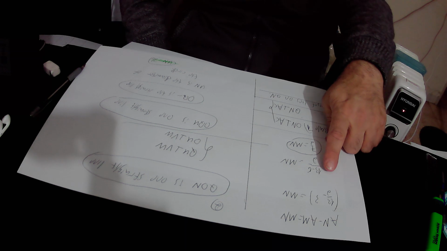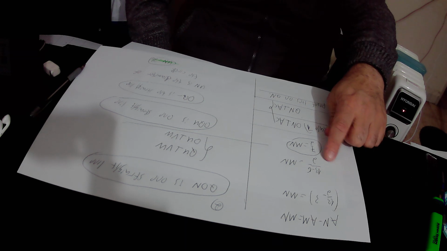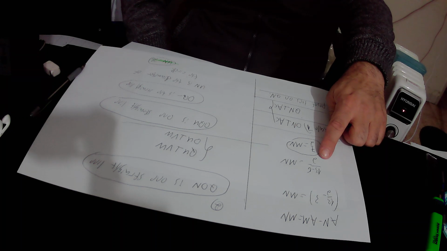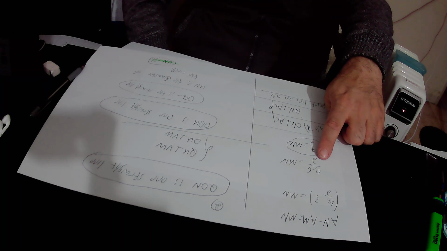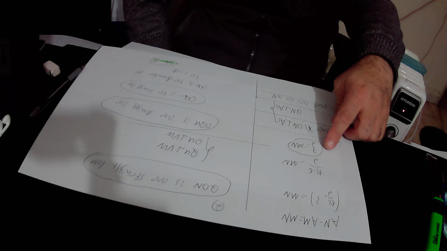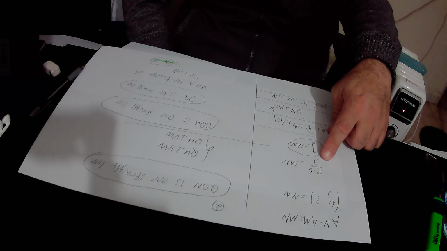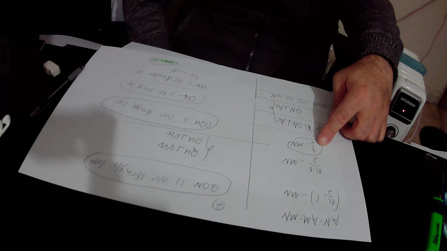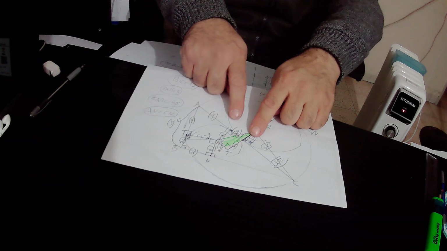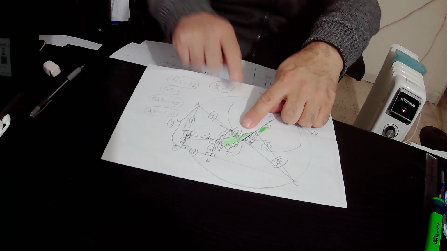Here we multiplied minus 3 by 2 and then divided by 2 in order to have a common factor with 13 over 2. We found out that 13 over 2 minus 2 times 3, which is minus 6, gives a total of (13 - 6) / 2. 13 minus 6 is 7. So in total this expression equals 7 over 2. That is to say, MN, the length of this line segment MN, is equal to 7 over 2 units.